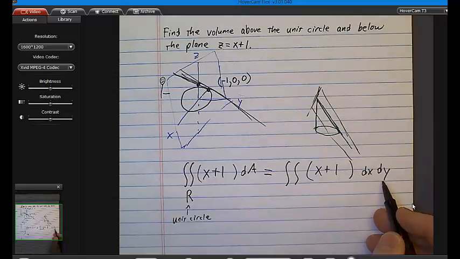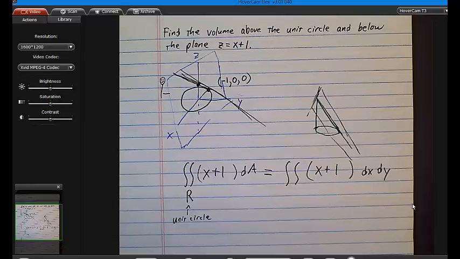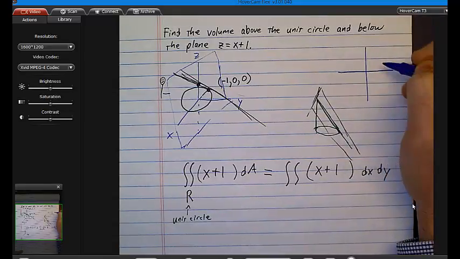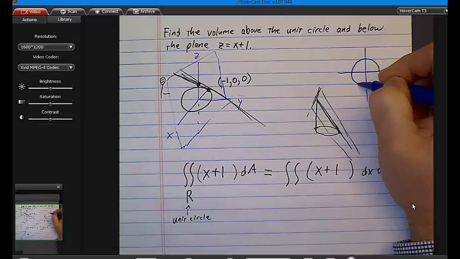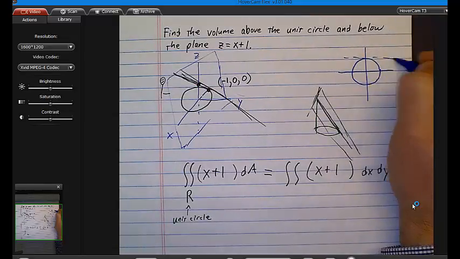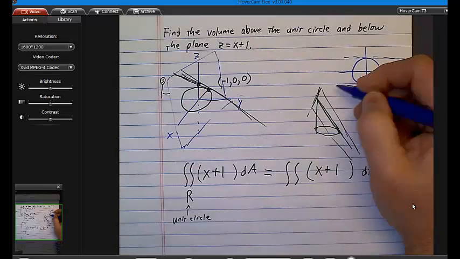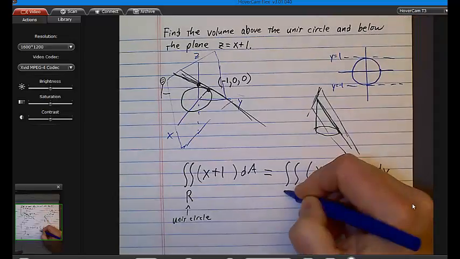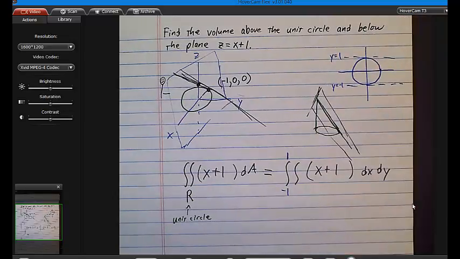Again, let me draw the unit circle again, right? And so the y values we want are what? y equals -1 to y equals 1. That's okay?